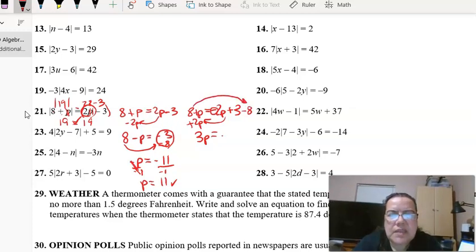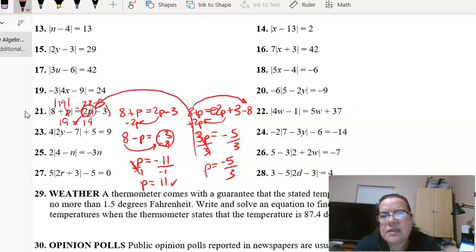So 3 minus 8, I get a negative 5. It looks like I'm going to end up with a fraction. So p equals negative 5/3. But if you plug that in here, like I did the 11, you're going to see that that doesn't work. So the only possible answer is going to be 11.